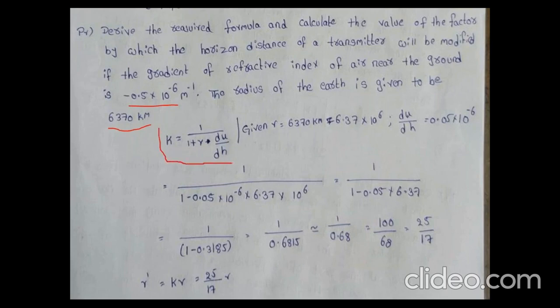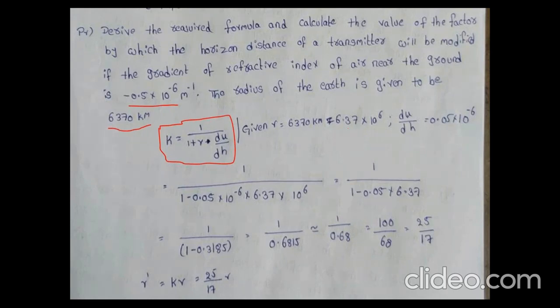Okay, so the formula which we have to use is k equal to 1 plus r du by dh. So we have to calculate first du by dh. R is given as 6,370 kilometers. If the radius of earth is not given, how much do we need to take? 23,600, approximately 24,000 kilometers. So if it is given, we have to change it.